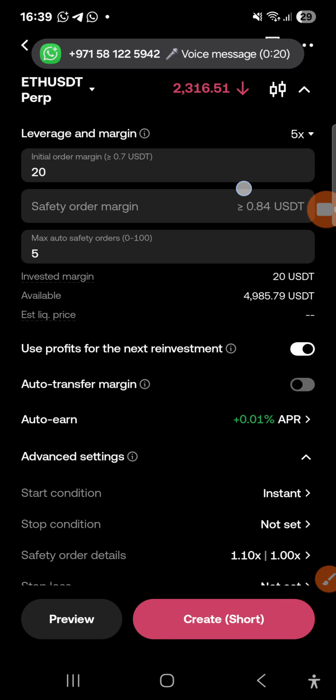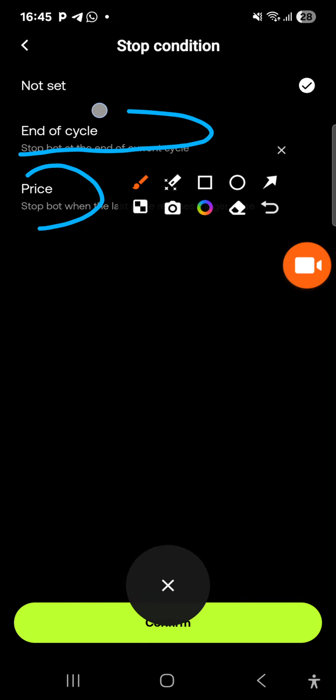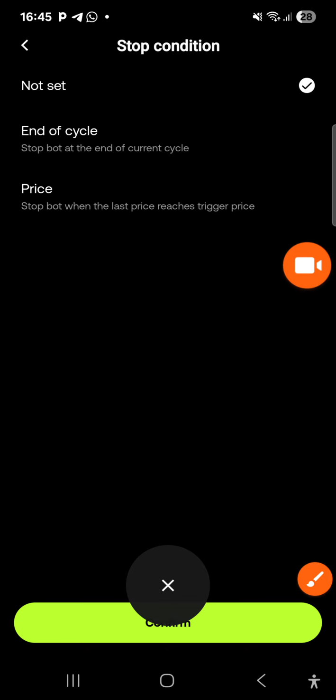Now here they are saying end of cycle and price. When you put it in price, you're showing the price breakover. When you put it in end of cycle, that means that when it gives you profit, it stops immediately. Now here is price breakover.